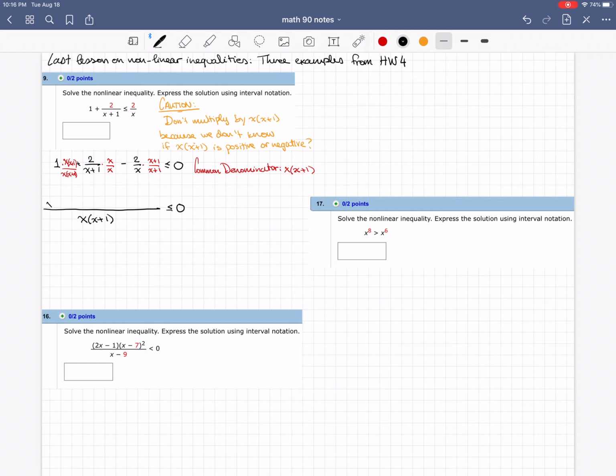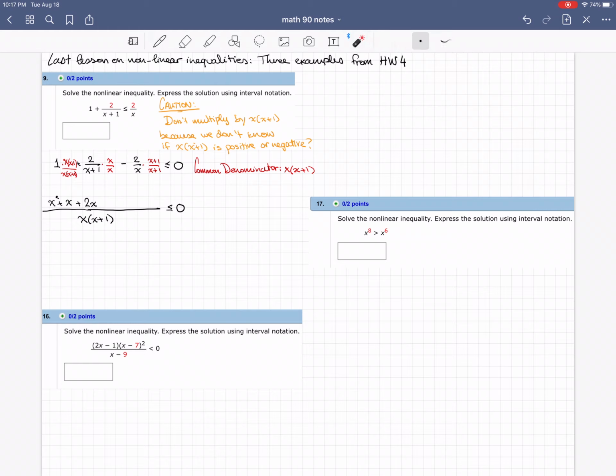Here, with the 1, there's nothing to distribute. We just have x times x plus 1. In fact, let me go ahead and distribute that so that we don't spend an extra step. So we have x squared plus x plus 2x.